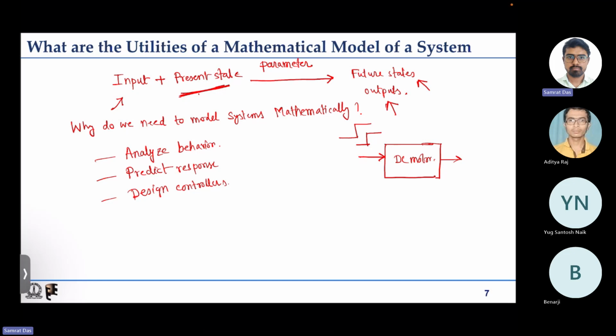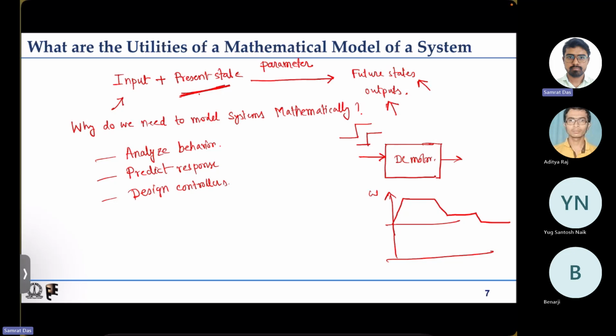Suppose we want the motor speed to follow some kind of profile like this, where this is speed. If we know the mathematical model of the system, we'll be able to come up with a profile of armature voltage that is required to meet this speed profile, not only in steady state but during the transients also.